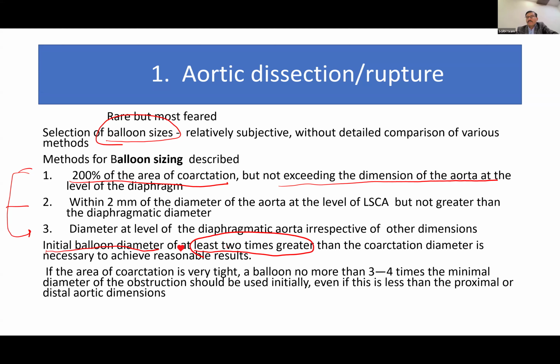So remember, try at least 2 times and not more than 4 times the minimum diameter. And don't go above the diaphragmatic aorta, and also don't go above 1 to 2 millimeters of the proximal distal arch. You will avoid these parts, and mostly you will avoid the dissection.